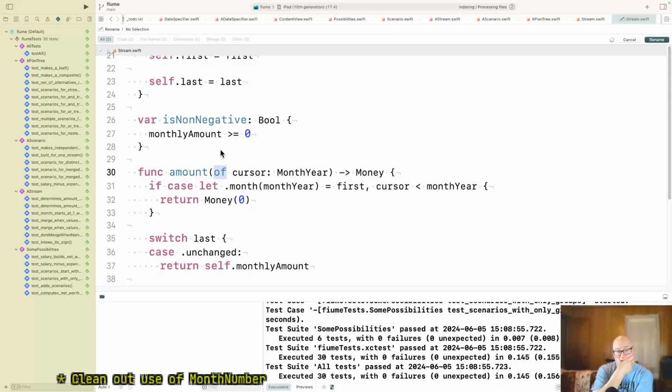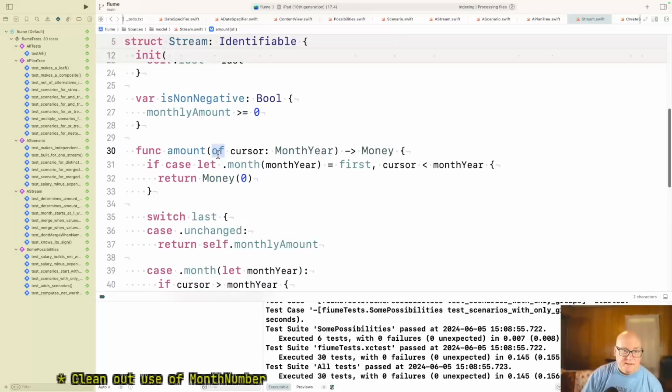Do I even need a name? Or rename it to at amount at month. Oh, come on, rename. Get in gear.